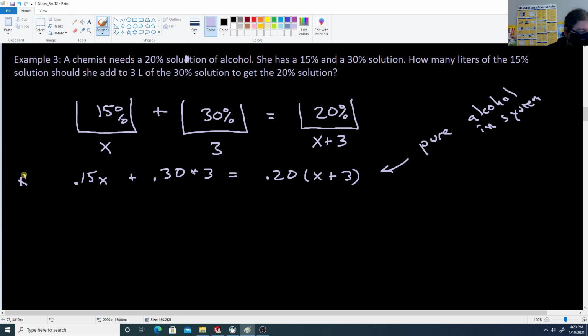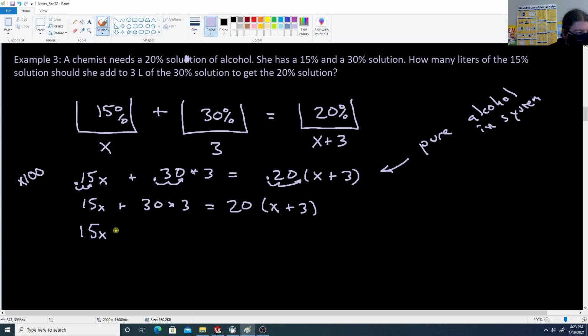We can multiply the whole equation by 100 to bump the decimal places 2 units over, which will make our numbers easier to think about. So I'm going to have us go through and do that real quick. Then we'll distribute and solve for x. So we got 15x plus 30 times 3 is 90.